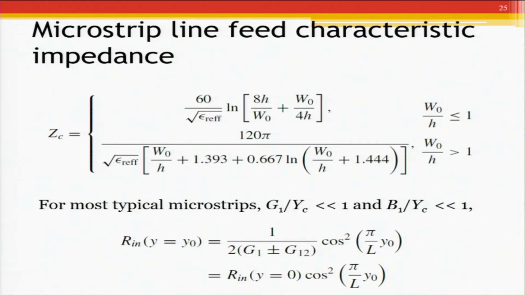Finally, the equation here shows the relationship of the input resistance when we put the inset position at y0. It is equal to 1 over 2(G1 plus or minus G12), where G12 exists only when there is mutual effect between the two slots, multiplied by cosine squared of pi over L times y0. I'm just going to show you an example here.